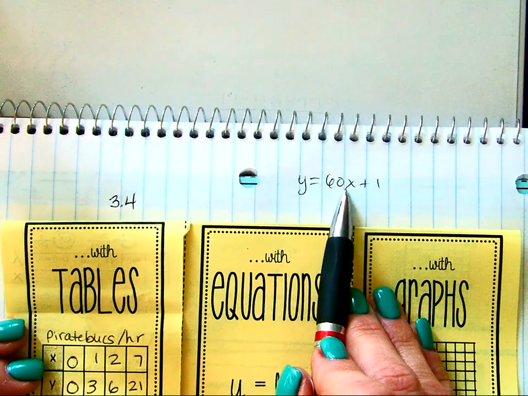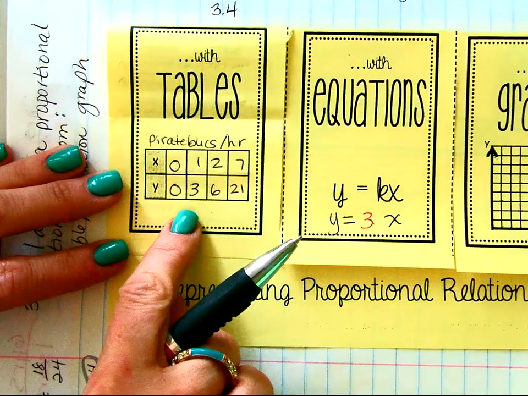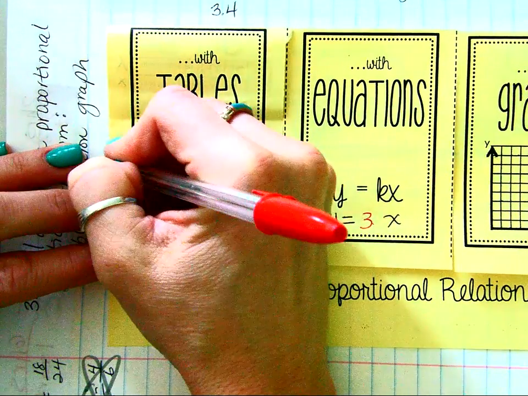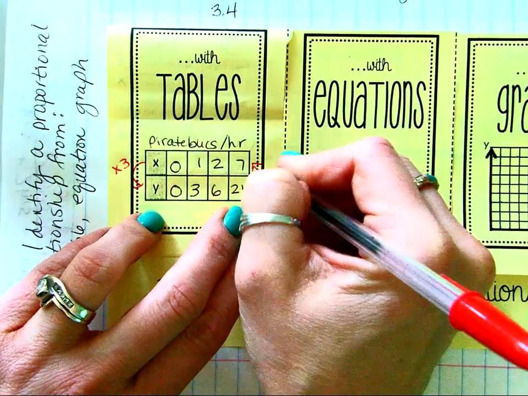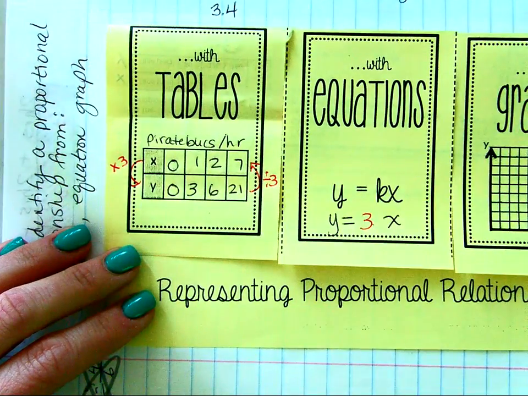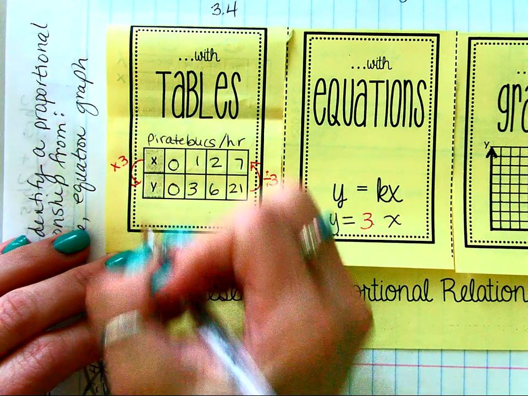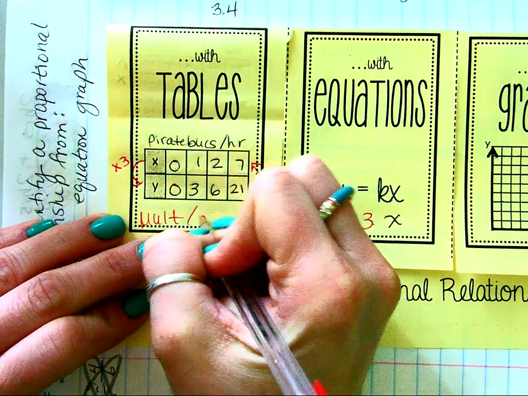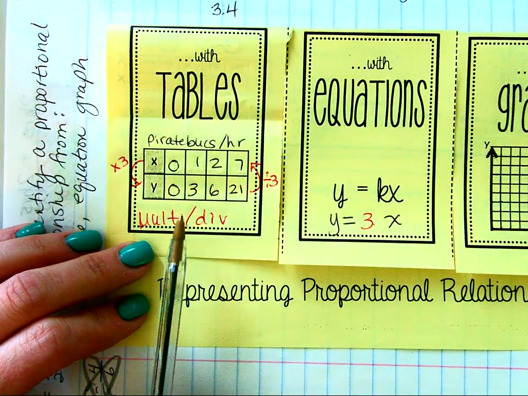No. So one thing I want you to write right here on a table, whether you are going from x to y and multiplying by 3, or y to x and dividing by 3, I need you to look at one really important thing. The only operation that you can use when you're talking about constant or proportional relationships is multiplication or division. I can't have a plus or a minus sign anywhere.